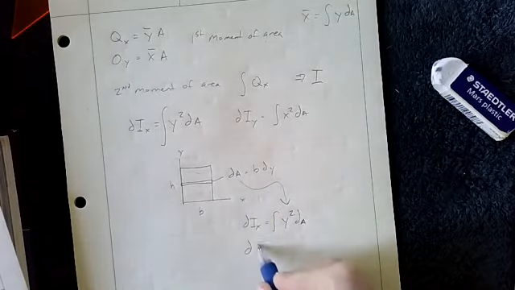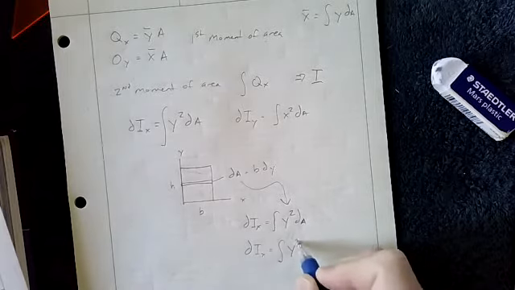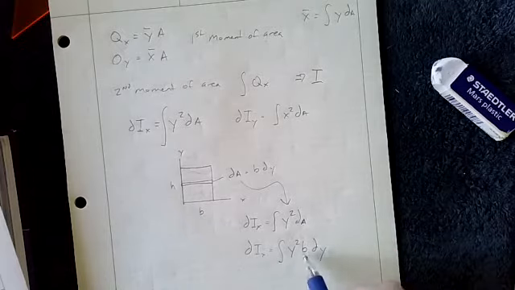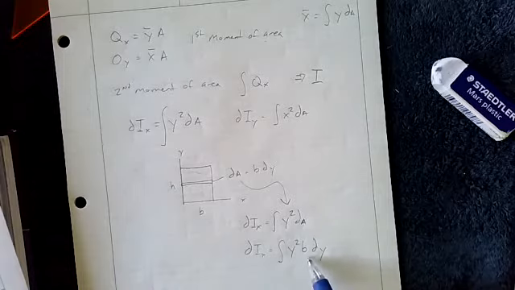So we get dIx equals the integral of y squared times b dy. All I did was take this b dy, put it in for dA, and I have that.